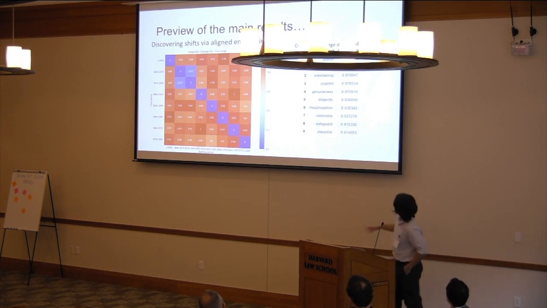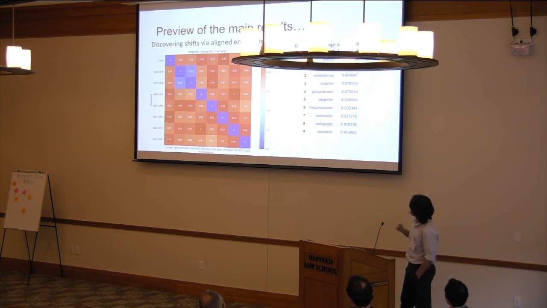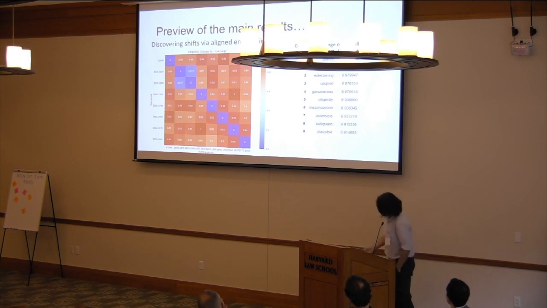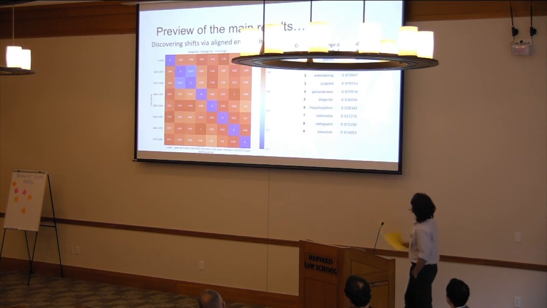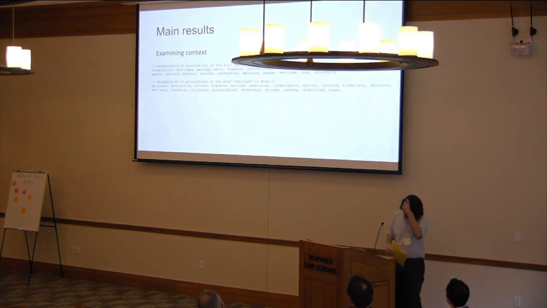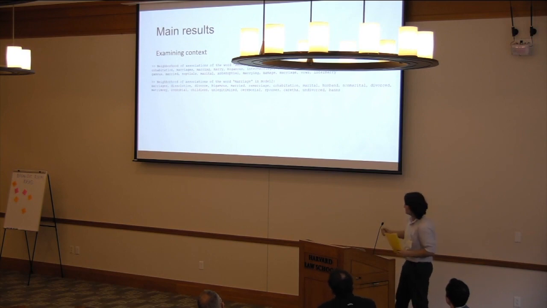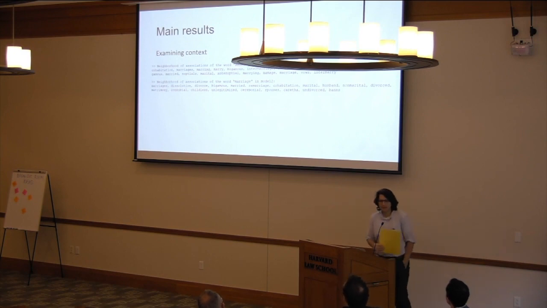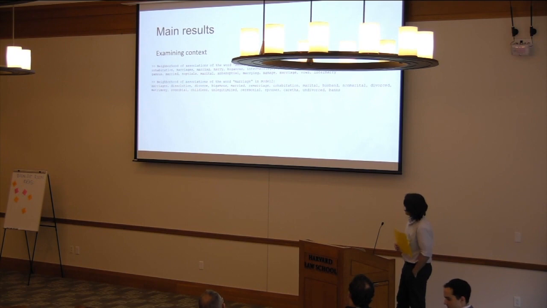As you can see on the x-axis, after aligning them, we compare how a word moved in vector space. We find some interesting results using this method. We also compare the context surrounding a word in vector space over different time periods. I'll get into these results later on as well.